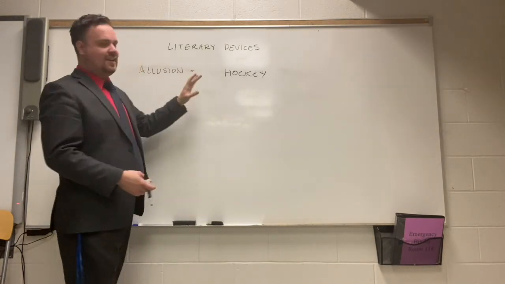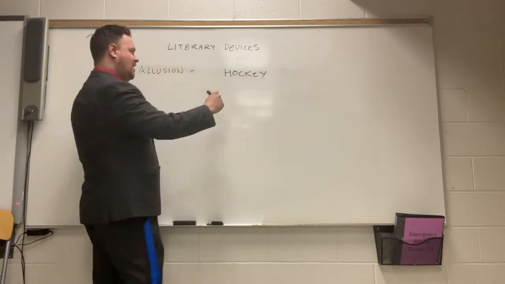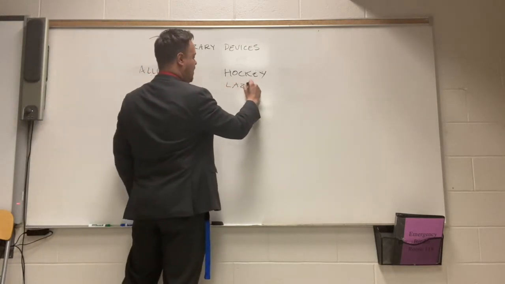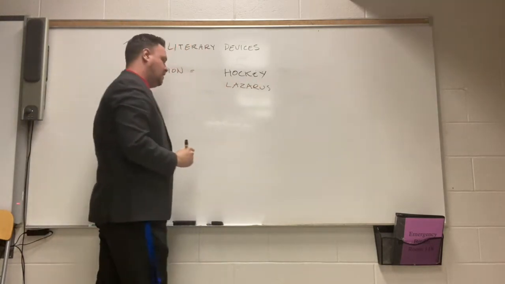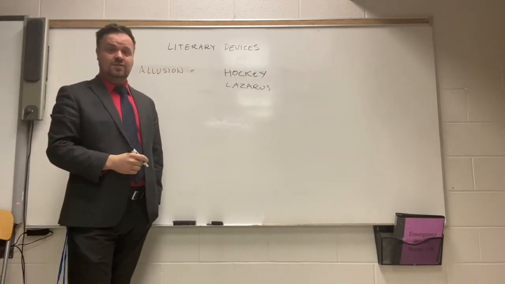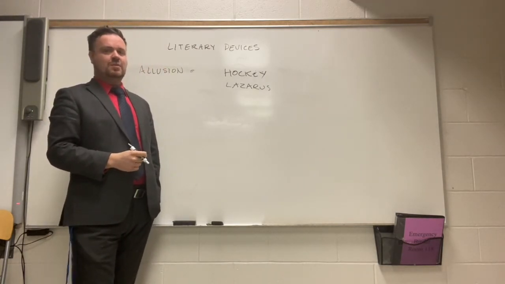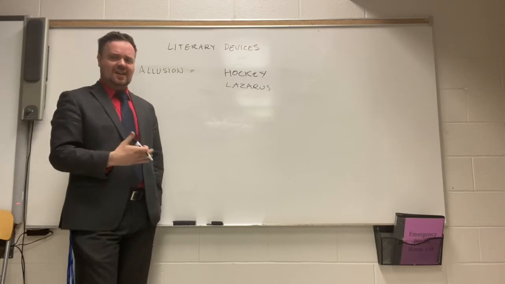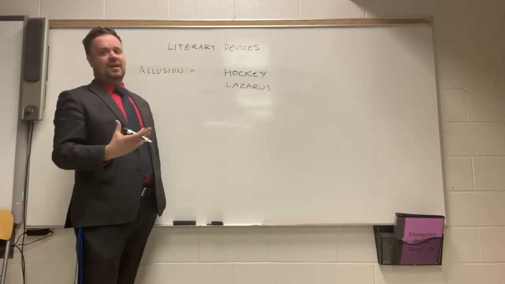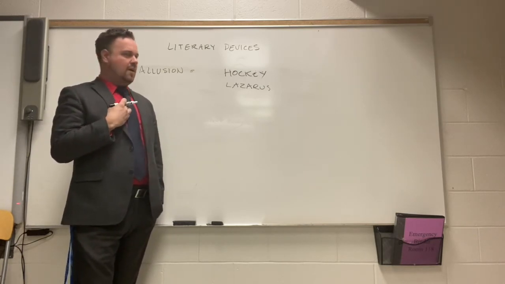So allusion, hockey. I think in the video that I sent you, Lazarus was used as an allusion to indicate somebody, for example, being so sick, but the very next day, like Lazarus, he was whole again, or he was feeling better again.